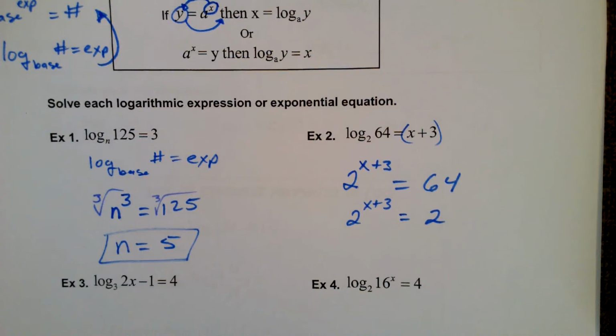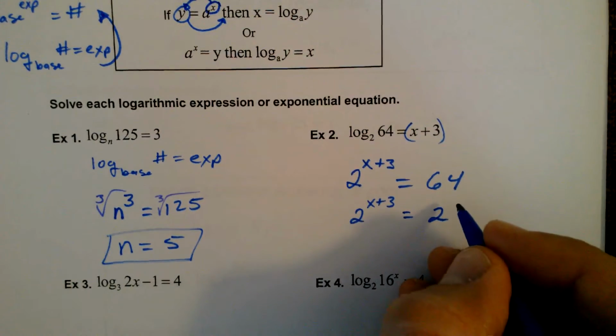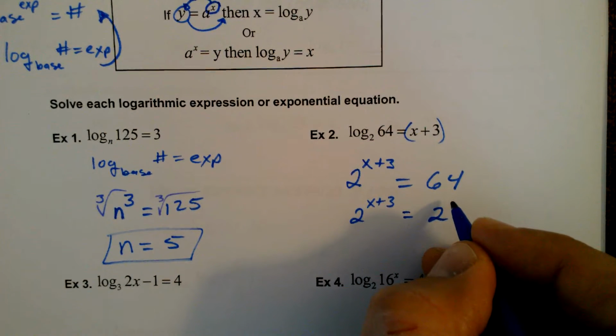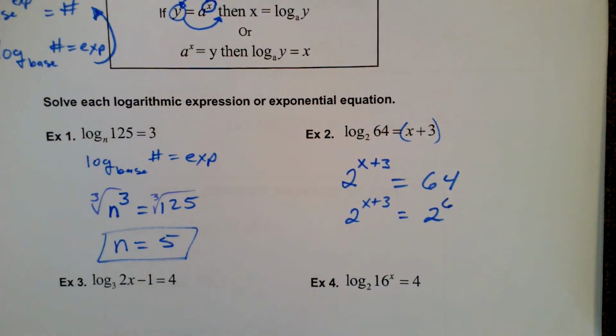So I look, is that 2 to the 4th, 2 to the 5th, 2 to the 6th, 2 to the 7th, 2 to the 8th? And what do you guys have? This is 2 to what power? What do you guys get? Yeah, that's 2 to the 6th.